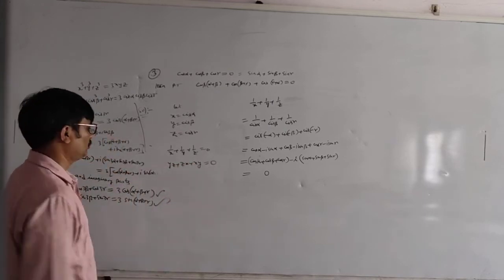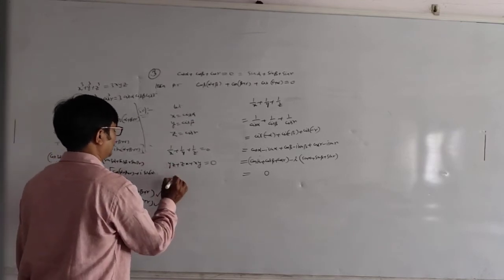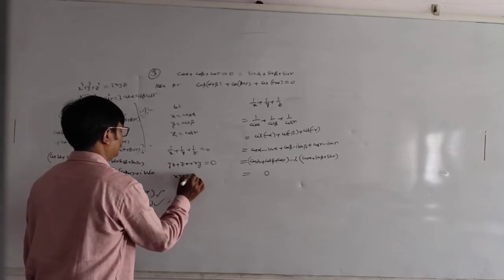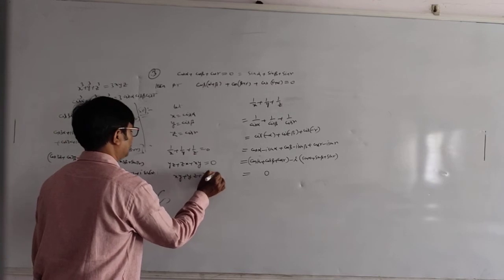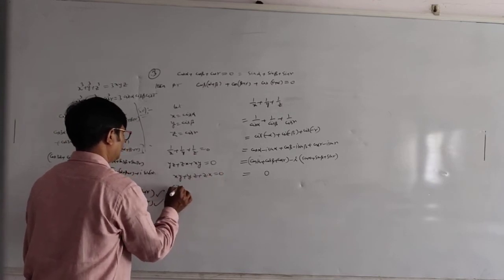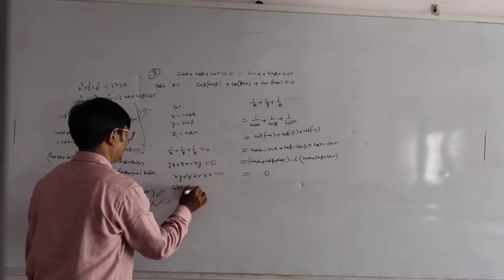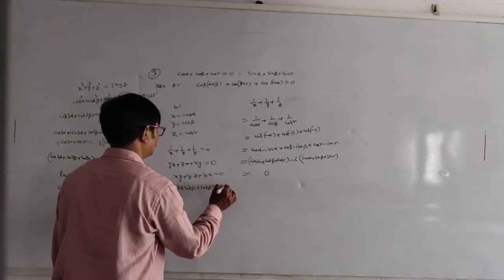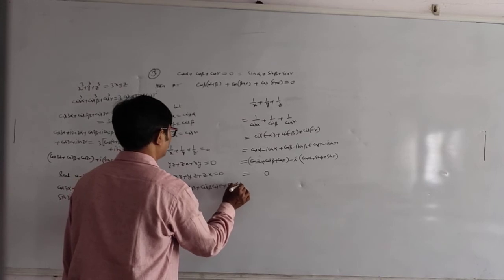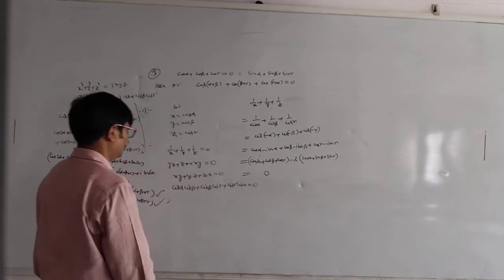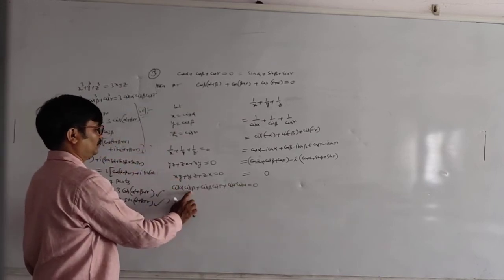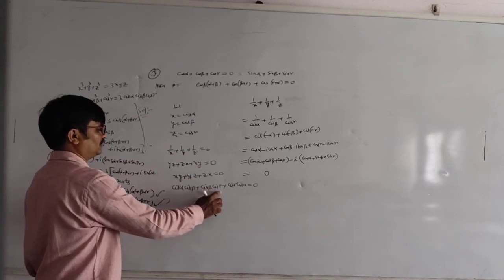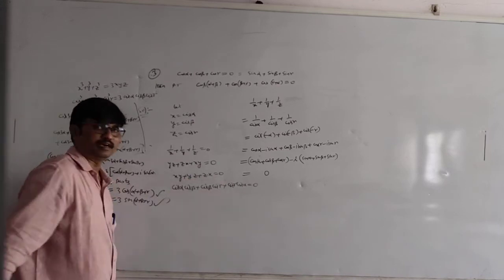So students, xy plus yz plus zx equal to 0. This is cis alpha cis beta, this is cis beta cis gamma, this is cis gamma cis alpha equal to 0. xy is cis alpha cis beta, yz is cis beta cis gamma, zx is cis gamma cis alpha.